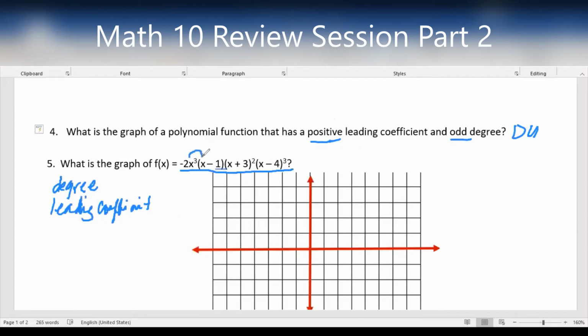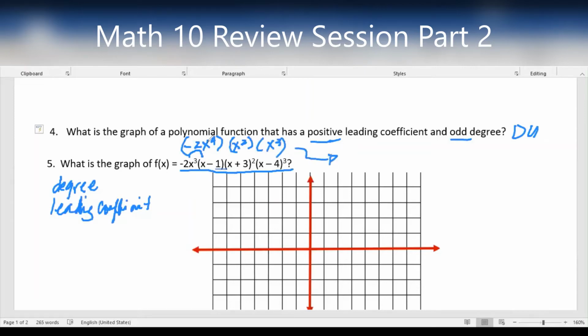Ito, when you multiply this by this will become negative 2x to the fourth. Tapos, when you multiply this by this one, ito magiging x squared. Tapos, multiply pa siya by this. Ito is x raised to 3. So, multiply by x cubed. Okay, I hope you can follow.